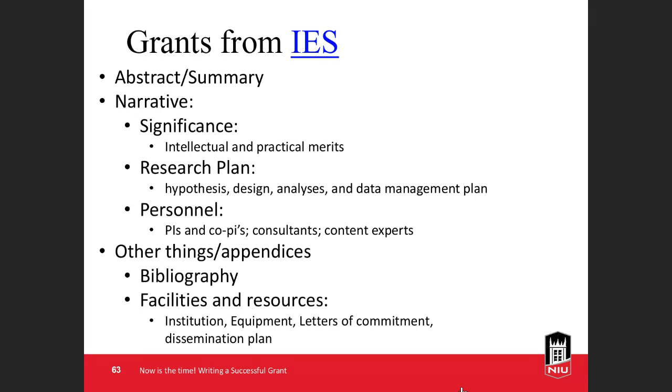I know, for example, Britt works with biologists. Britt is very smart, but I don't think she's a biologist. So she needs some content experts, or perhaps teachers or things like that. And there are these other things that you need: the bibliography, facilities, and resources.